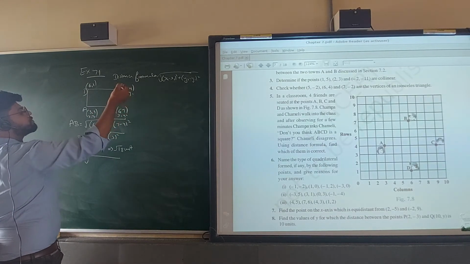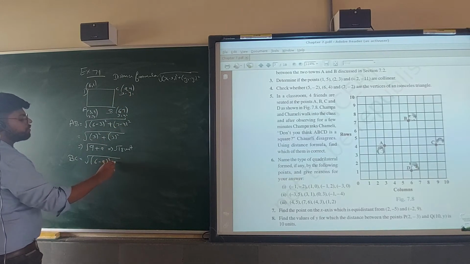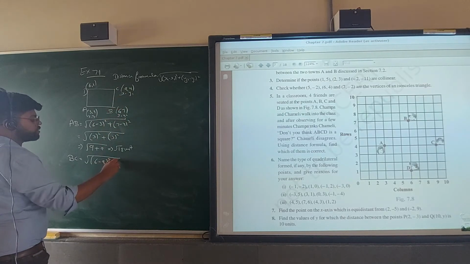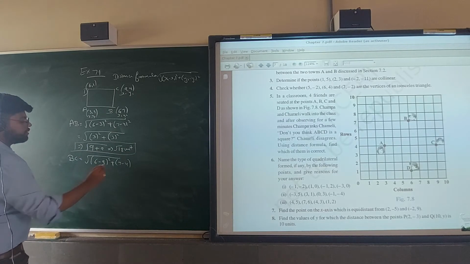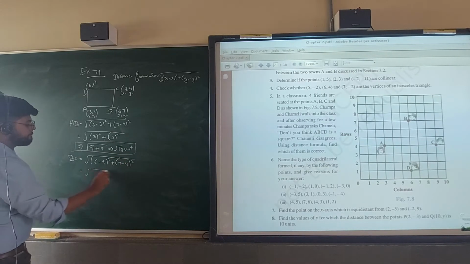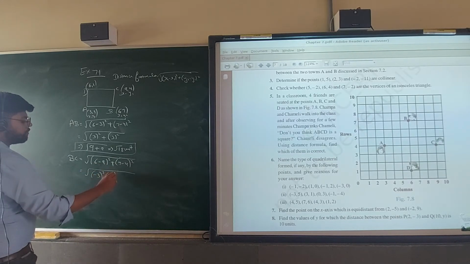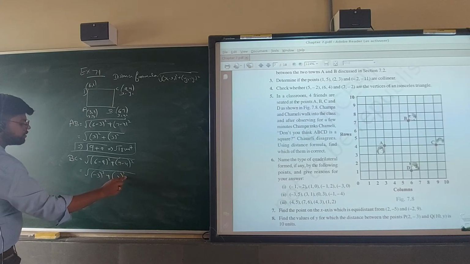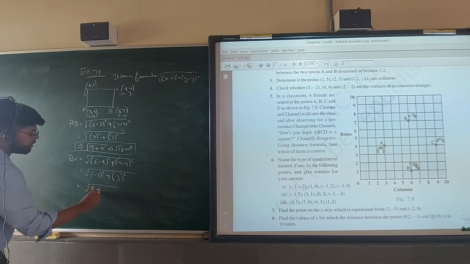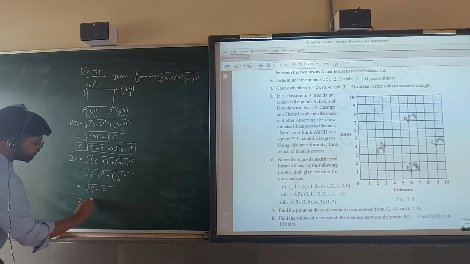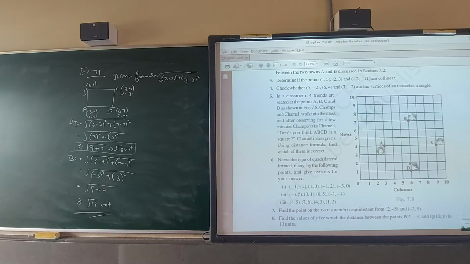So I will take this one as x1 y1, then x2 minus x1: 6 minus 9 square plus y2 minus y1, 7 minus 4 square. 6 minus 9 will be minus 3 square, which is 9, and 3 square is again 9. So the answer is root 18 unit. So this is also coming root 18.